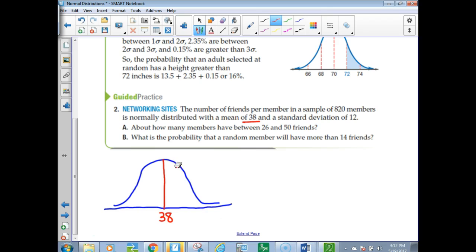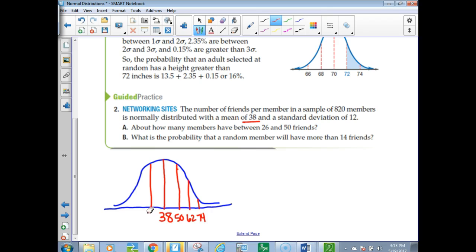Standard deviation of 12, so 1 standard deviation to the right would be at 50. 2 to the right would be at 62. And 3 to the right would be at 74.